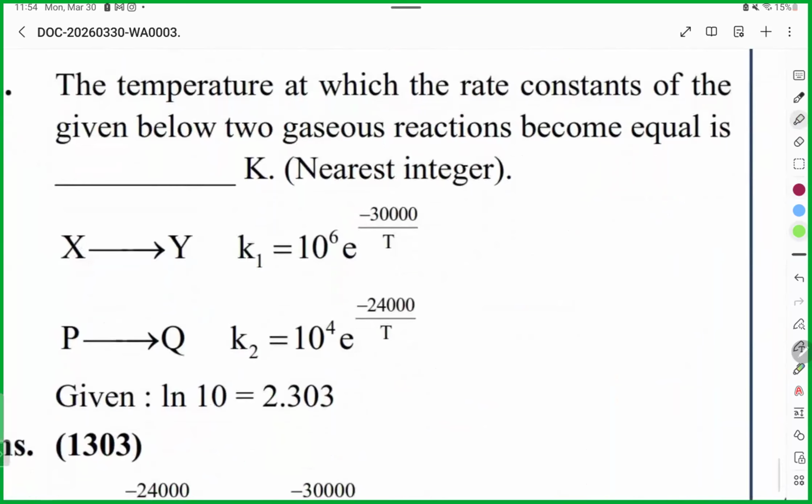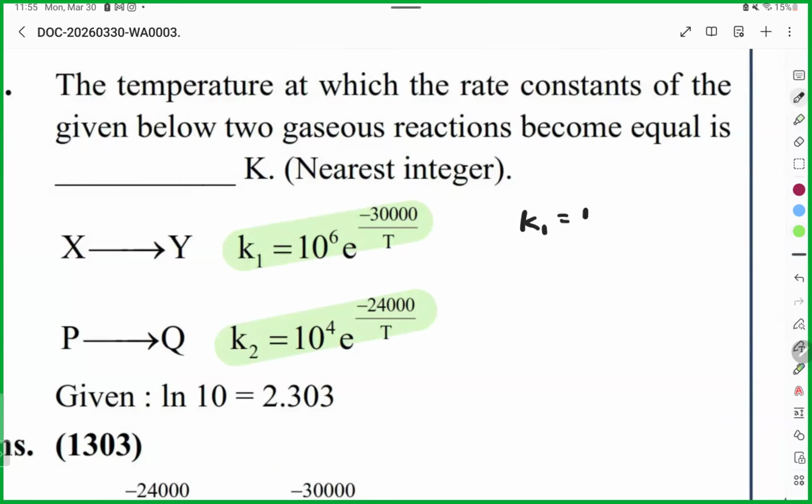Temperature at which rate constant of the given two gases is equal. At one temperature both will be equal. First equation that, second equation that. Rate constant of the given values is equal, it means given K2 value equal.